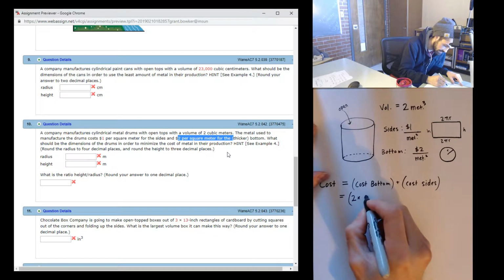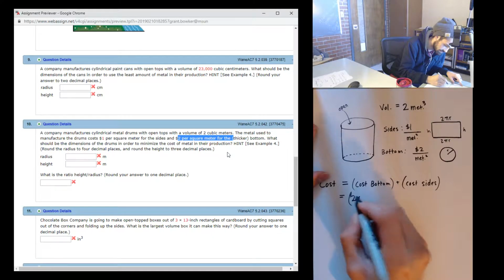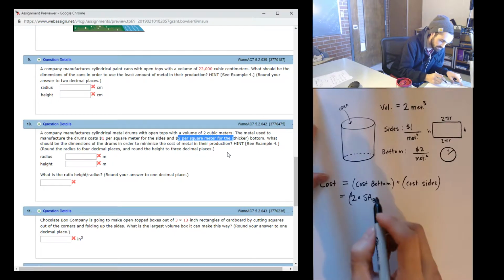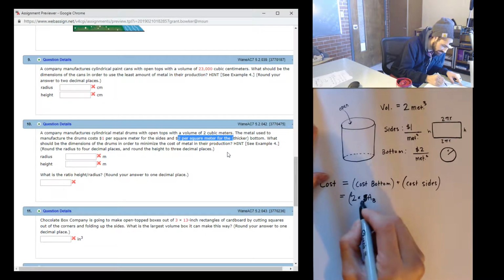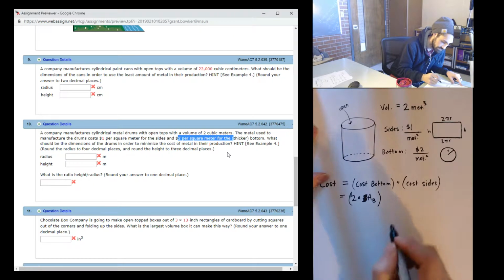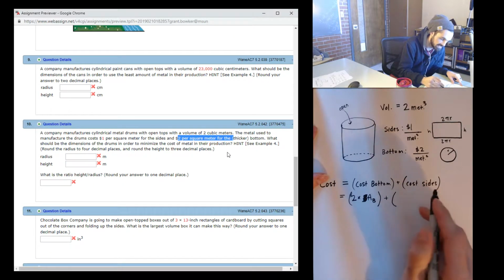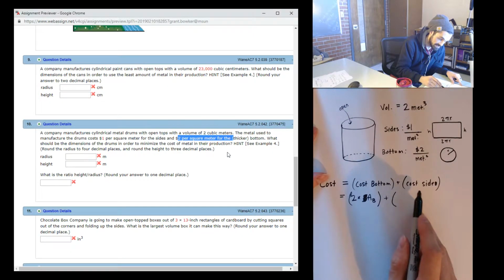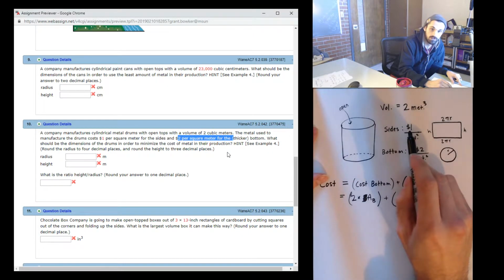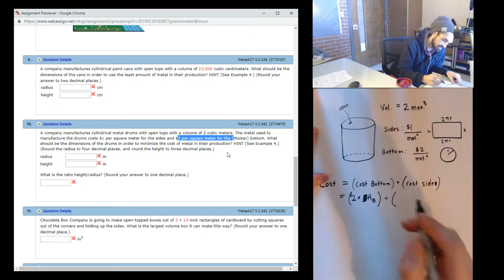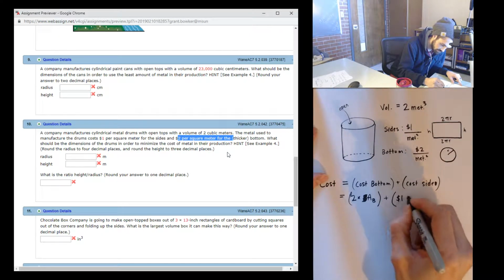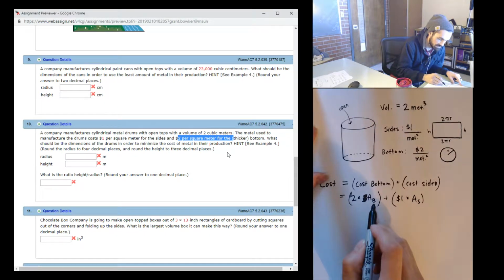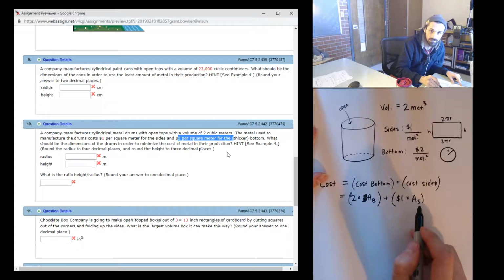So you could look at that as $2 times the area of the bottom. Plus the cost of the side, or sides, however you want to look at it. The cost of the side is going to be $1 times the area of the side. So a sub b for area of the bottom, a sub s for area of the side.